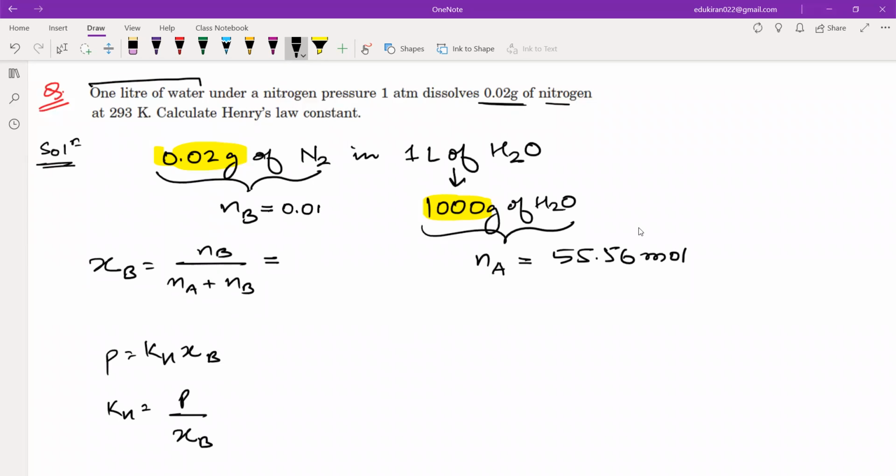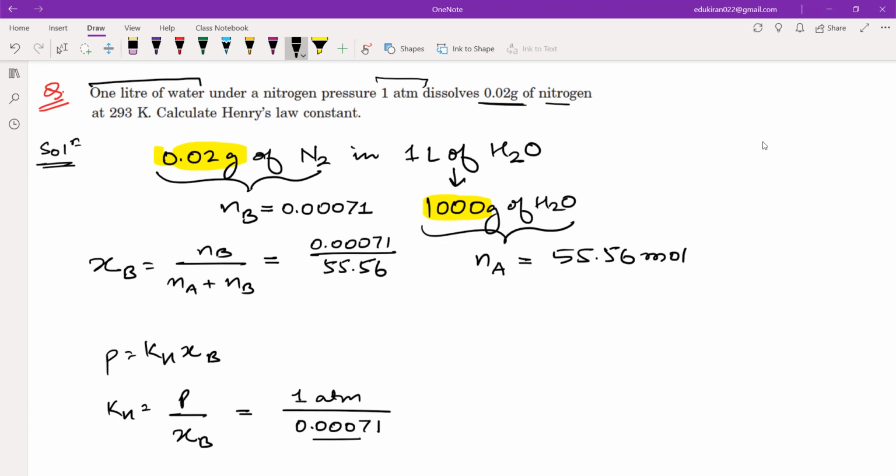Okay? Here you just keep it. There is no need to add anything now, just take 55.56. Just leave it like this. KH will be equal to what is the pressure? 1 atm. Pressure is 1 atm, divided by 0.00071 divided by 55.56.